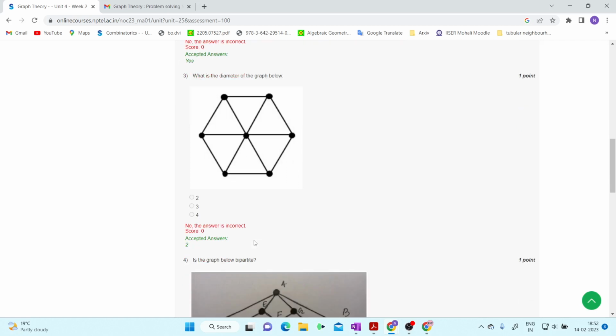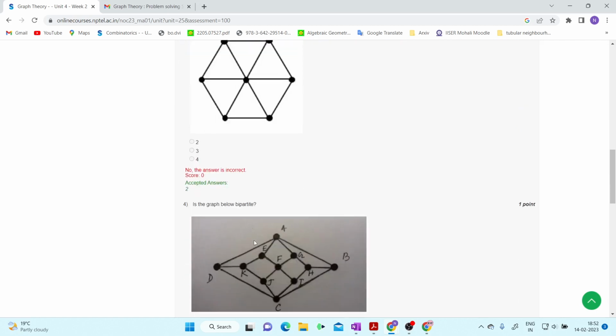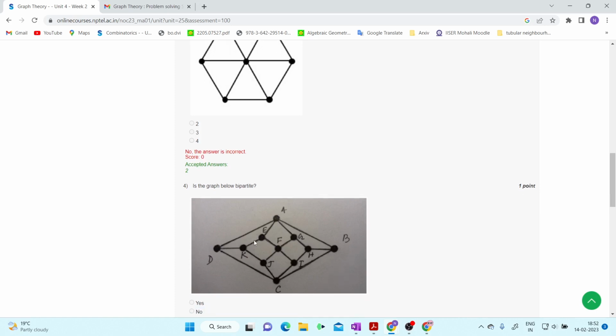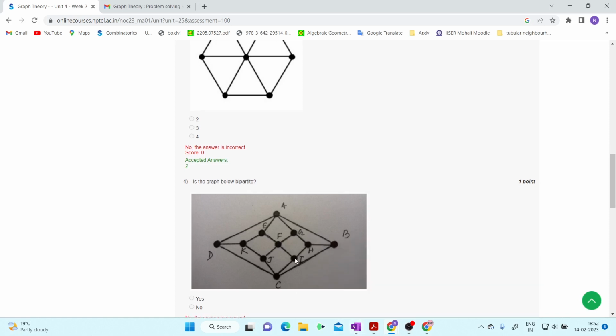Good. Now, what about this? Is this graph bipartite? Yes, ma'am. Okay. So if you have to find out whether a graph is bipartite or not, there is a trick.